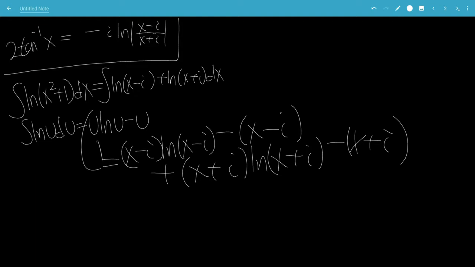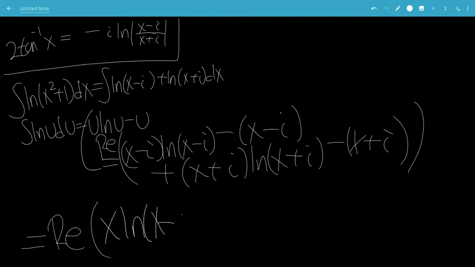And then we can take the real part of this, because the integral of ln of x squared plus 1 is in the real numbers by definition. So this will be the real part of, so we have x ln of x minus i. Actually, let's factor out the x first.